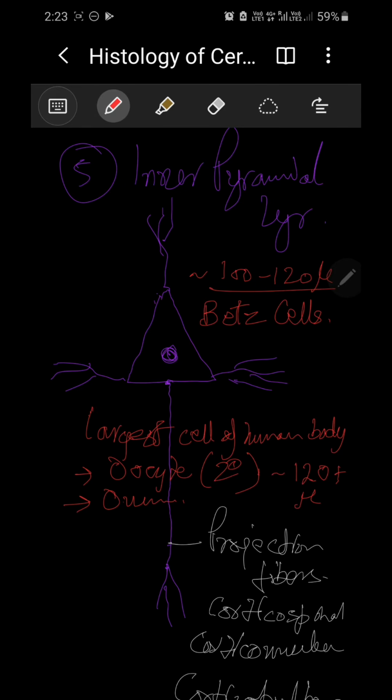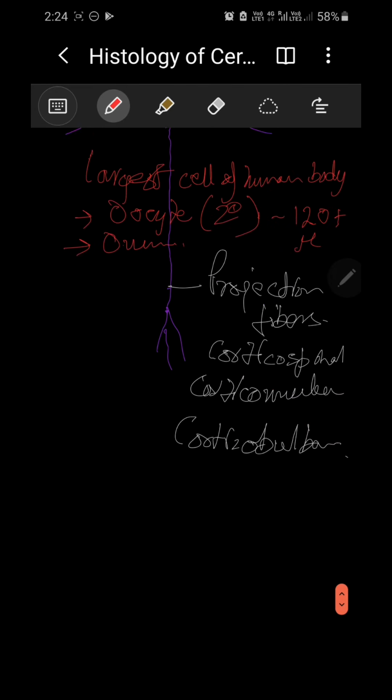But why are Betz cells not called the largest cells? The reason is they have a range, but the ovum is one single cell secreted every month, whereas Betz cells are a majority of cells with a good range. So your answer will be that the largest cell of the human body is the secondary oocyte.